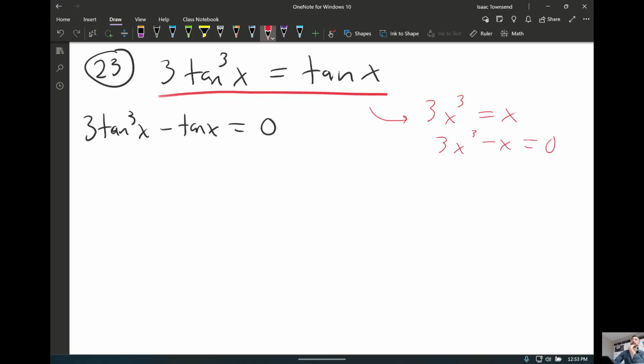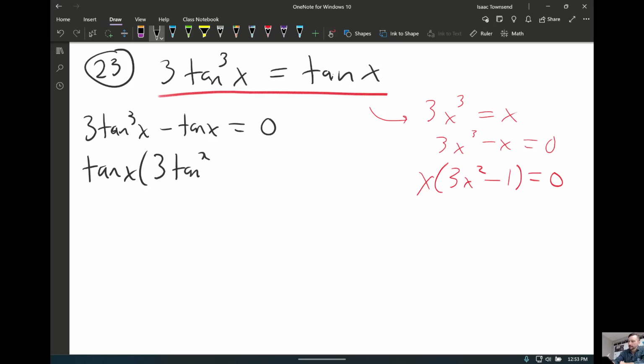Then I see that I could factor out an x. It's got a GCF. So factoring out a GCF is always a good idea if possible. So for us, that's not really an x, it's a tangent x. Okay, now that I've got 2 factors being multiplied to 0, I could set this factor equal to 0.